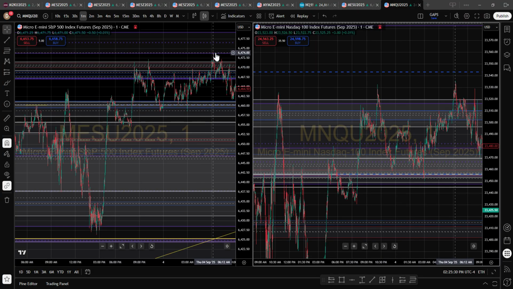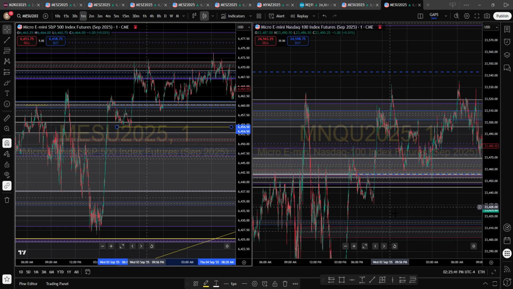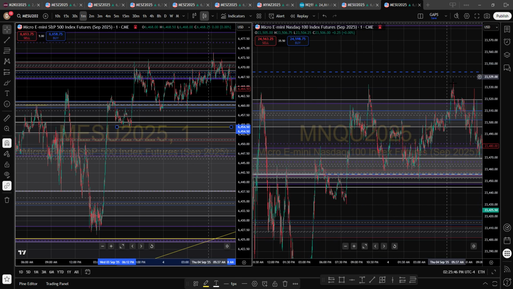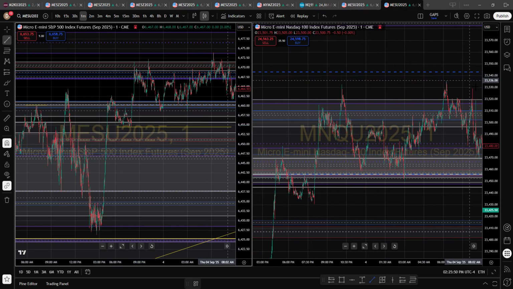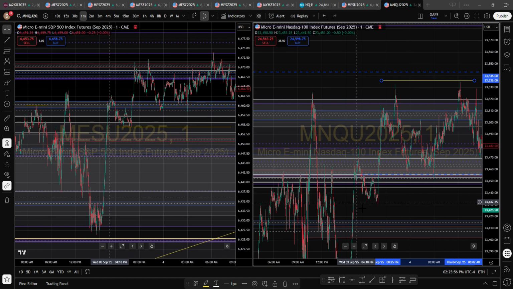So now we've cleared up top, kind of around London close. See this going up there. We have relative equal lows right here that I'm looking at. I'm not digging the targets as well on NQ. However, these are close. Might give us a run back up there.